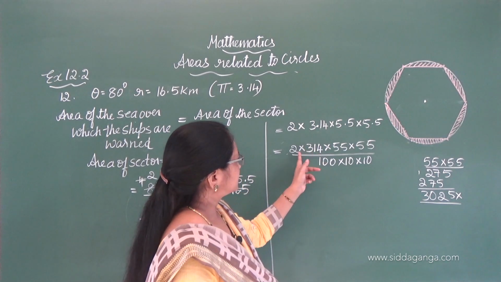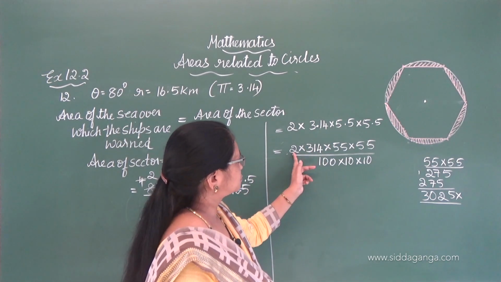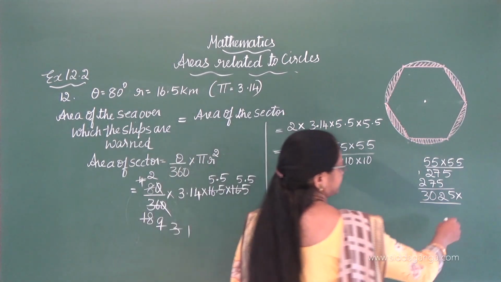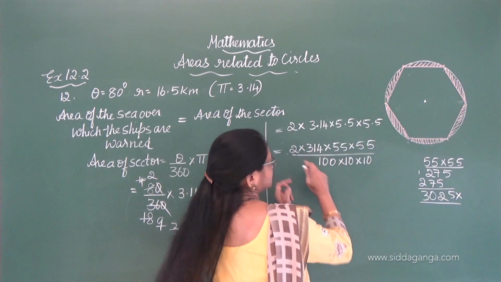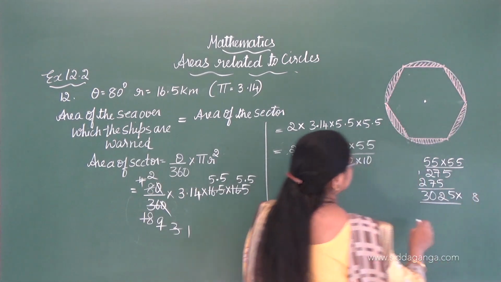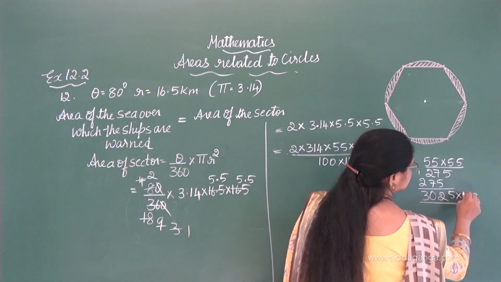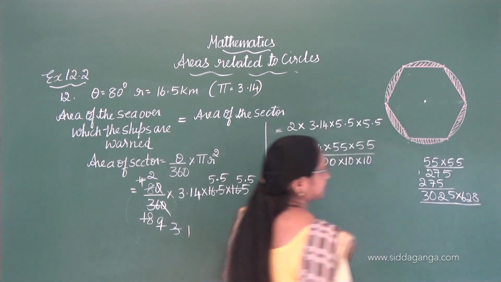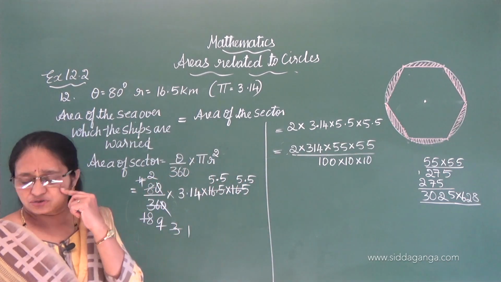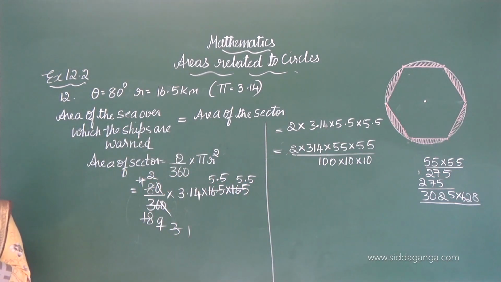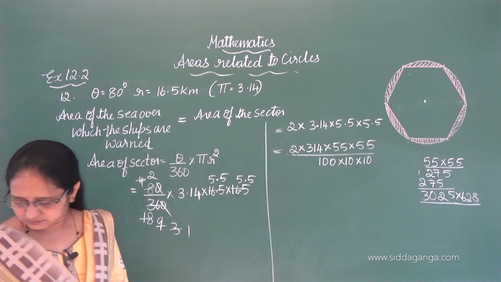See here, 314 into 2. So 314 into 2 will be 4 2s are 8, then 1 2s are 2, 3 2s are 6. Okay, we will multiply that. 3025 into 314.